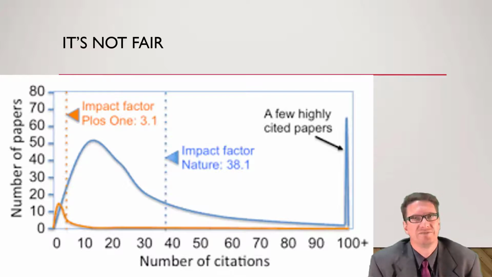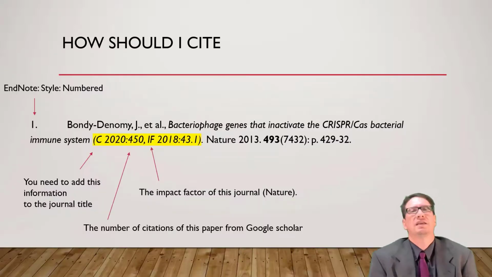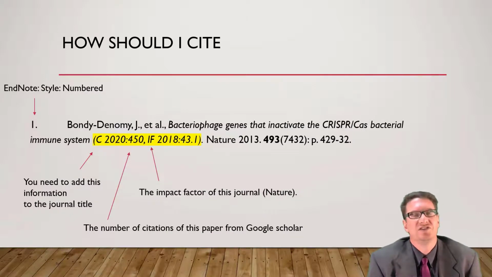Like I said, I'll be looking at impact factor in more detail, but you need to be aware that you can figure out to some extent whether a journal article is worth reading based on the impact factor of that journal. Now I'm going to get you to cite or refer to publications in your work, and I'm going to want you to do more than simply have the author and the journal and so forth.